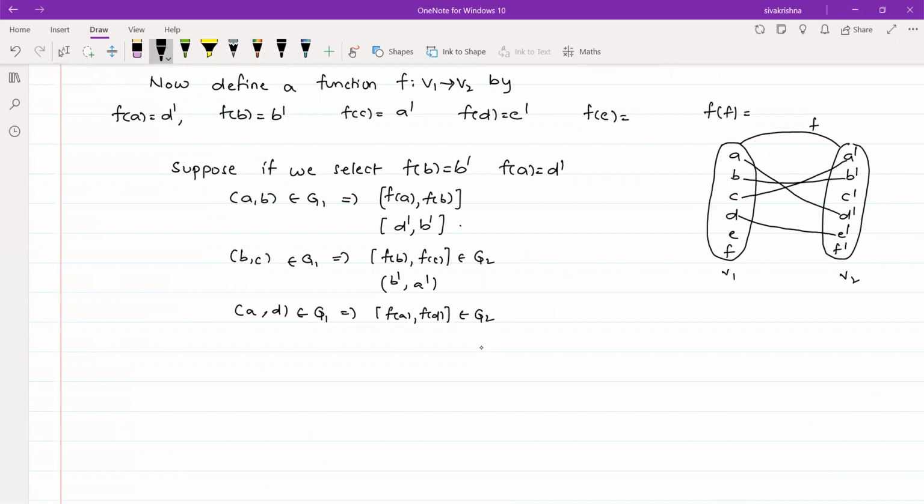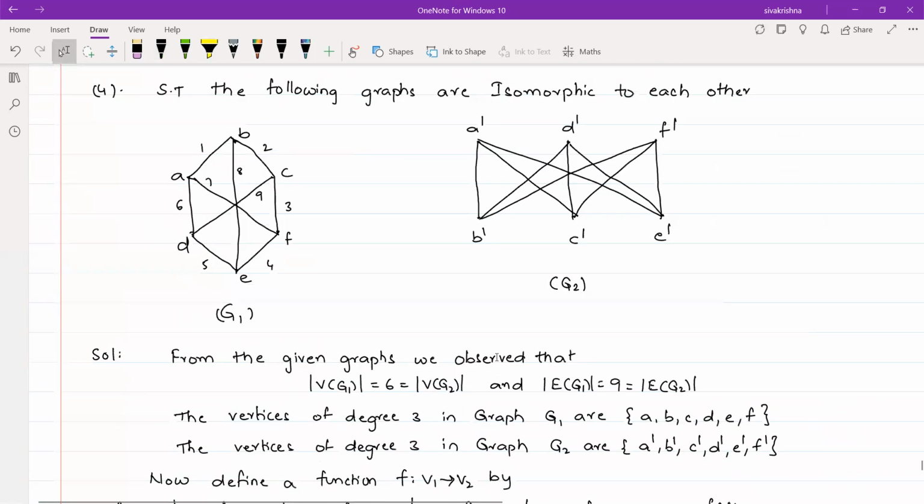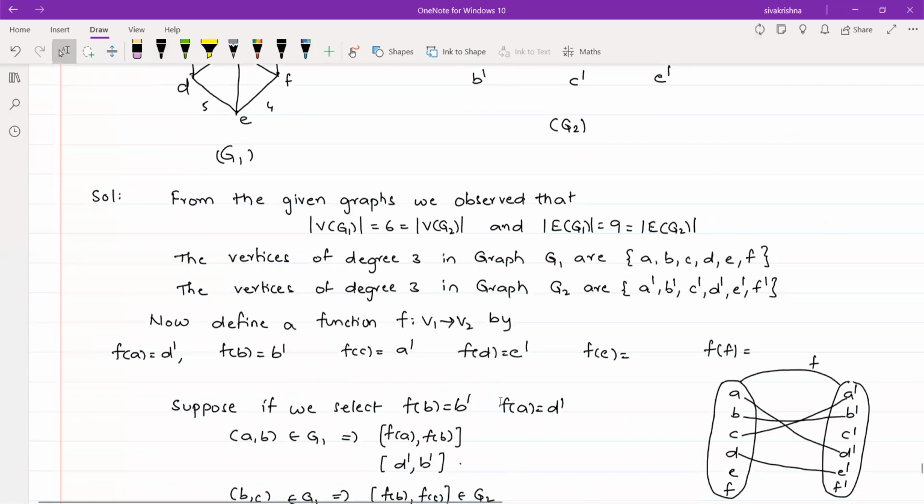I have chosen the image of A as D dash and the image of D as E dash, so there must be an edge between E dash and D dash. Checking, yes, we have an edge between E dash and D dash in graph 2, so the image of D being E dash is correct.